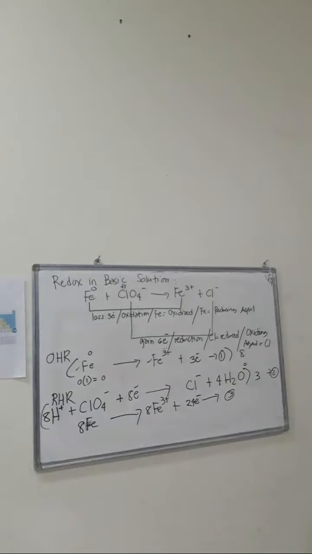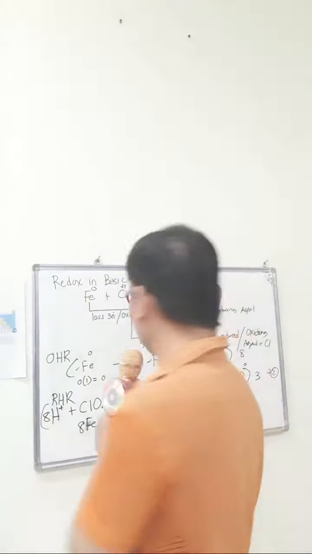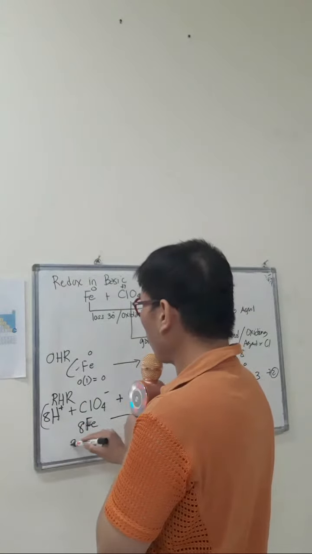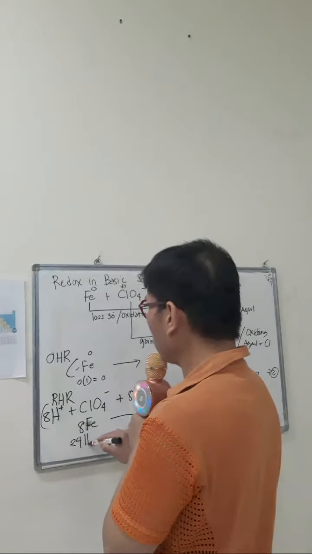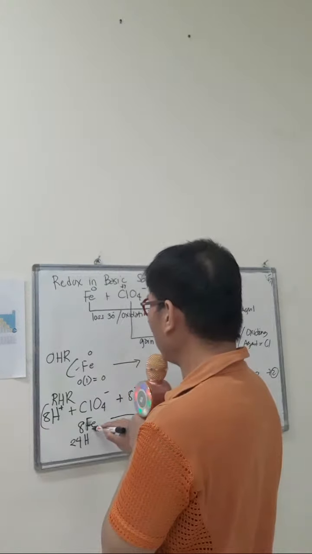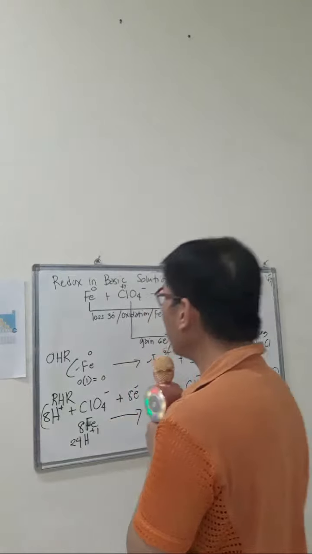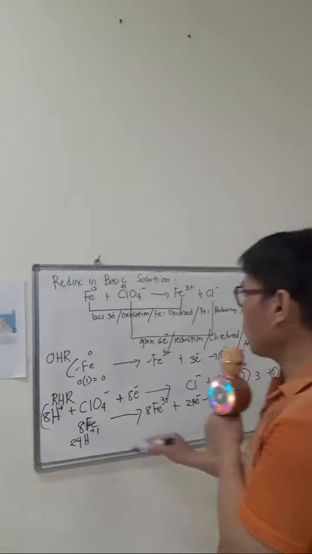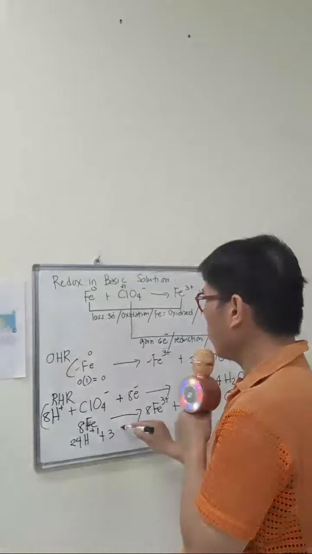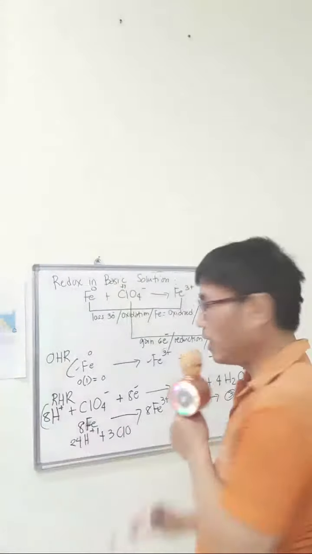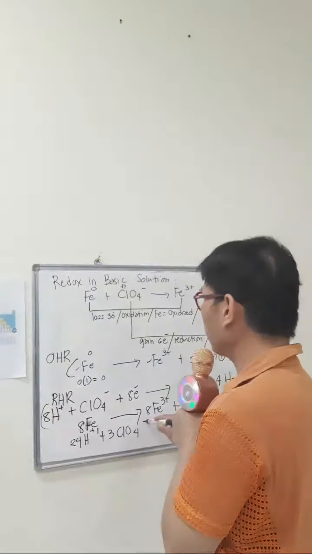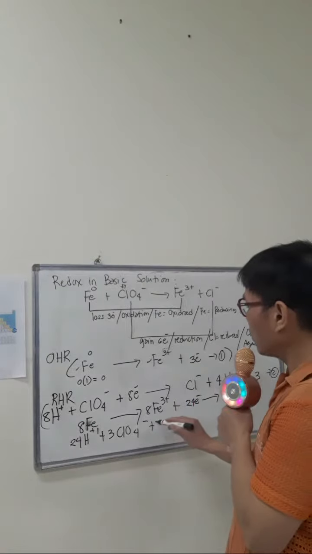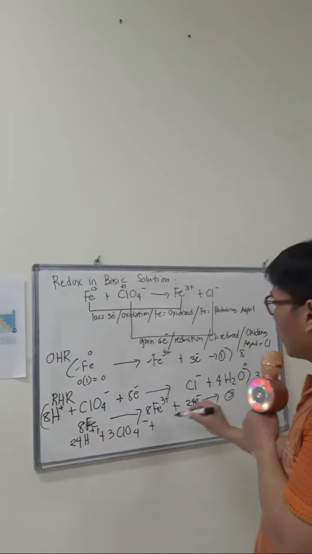Multiply by 3. 3 times 8 H, H meaning hydrogen ion, is equal to 24 moles of hydrogen positive 1. Okay, and then perchlorate times 3 will be equal to 3 moles of perchlorate. Then plus 8 electrons times 3, 24 electrons.